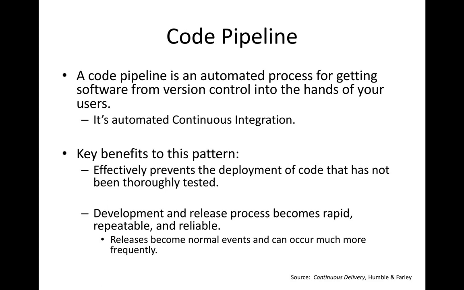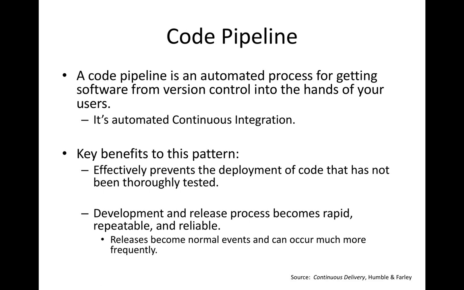You can think of this as being a sort of automated continuous integration. And the beauty of code pipelines is that it allows us to enforce a certain set of processes in terms of the building, testing, and deployment of our software application.